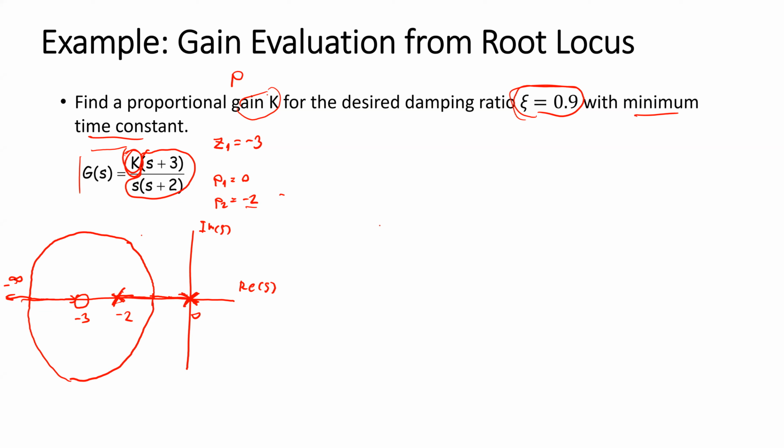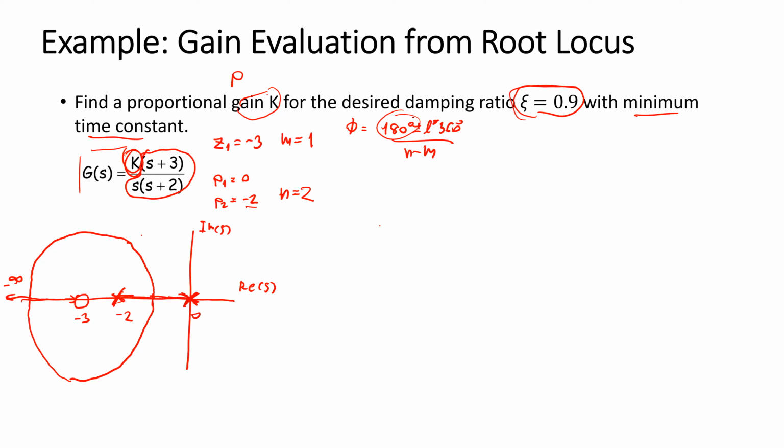Why do I know this? Because we have one 0 and we have two poles. The asymptote is gonna be 180 degree.